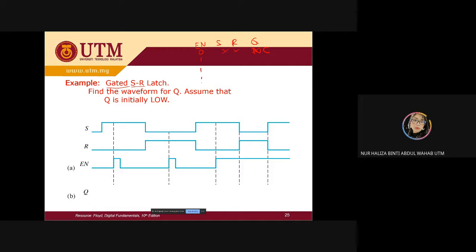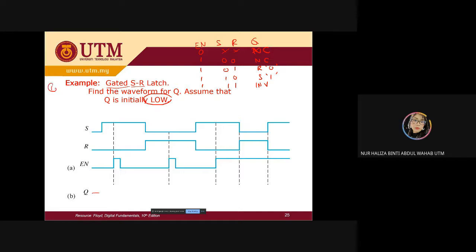My 1 here, I have 0, 0, 0, 1, 1, 0, 1, 1. Here is no change. Here is reset, or 0. Here is set, or it will be 1. And this one is invalid. And assume Q initially as 0.